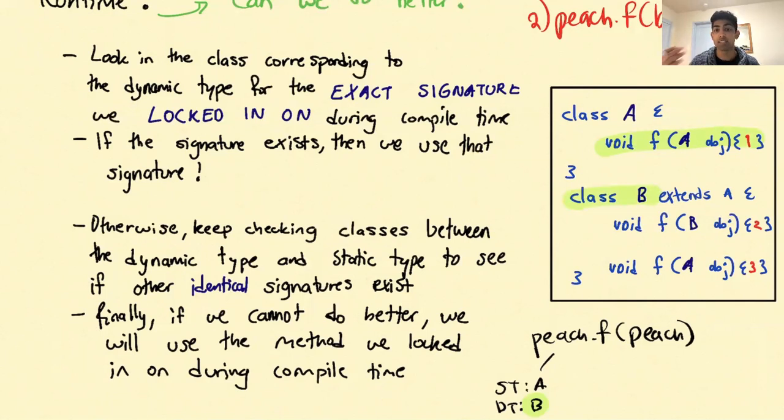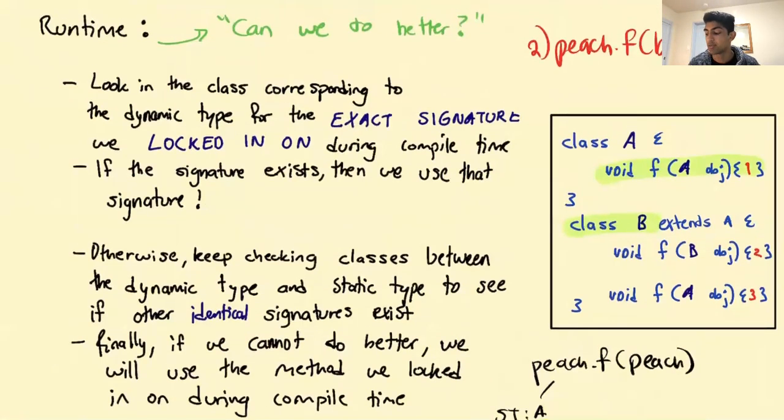During runtime, we ask ourselves, can we do better? Can we actually invoke the method that belongs to the dynamic type of the object, right? We would rather use the method in class B than class A for peach.f(peach). More precisely, we're going to look in the class corresponding to the dynamic type for the exact signature that we locked in on during compile time, okay?